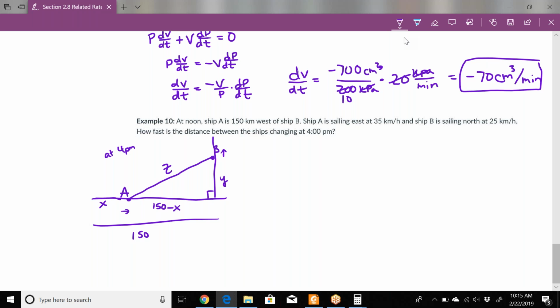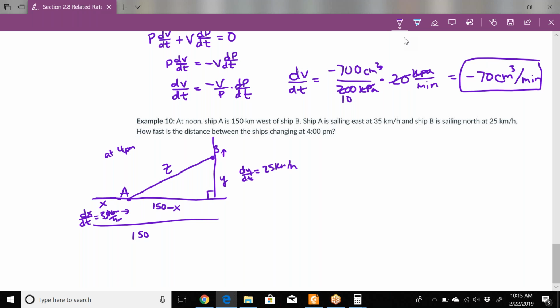So we have to be careful when we draw this picture, because there's been a time lapse that we're aware of. And we know that dx/dt, essentially the speed of A as it traveled along this path so far, was 35 kilometers per hour. We know that dy/dt is 25 kilometers per hour.